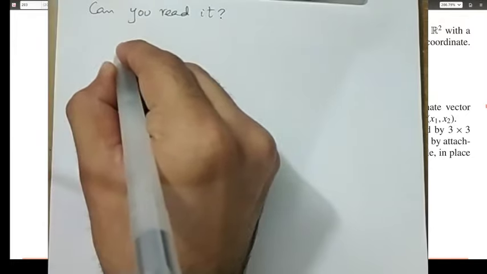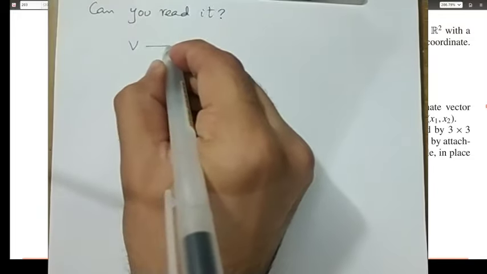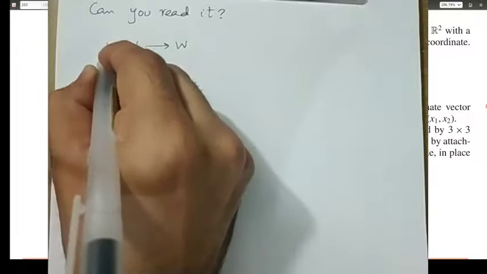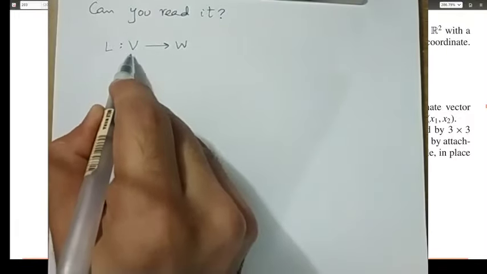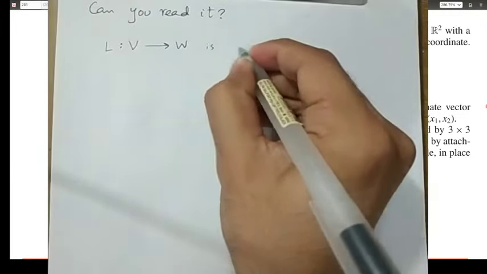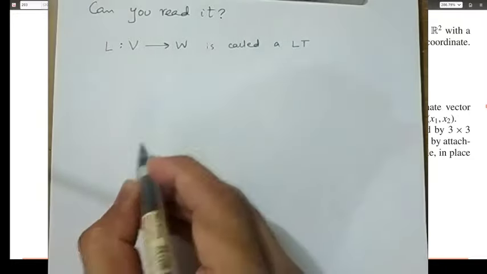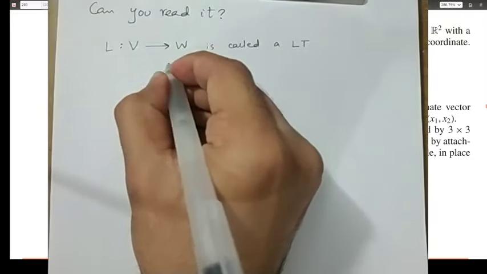We had a vector space V and we had a vector space W, and we said that a mapping of vectors from this space to vectors in this space is called a linear transformation, LT, if it satisfies these two conditions.